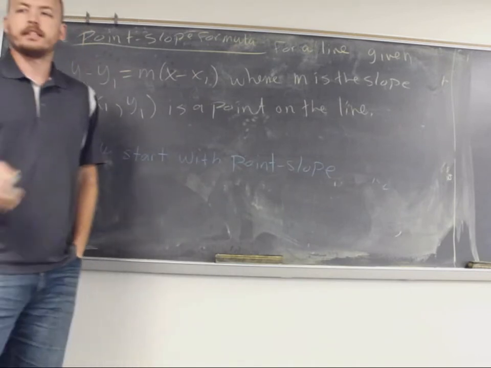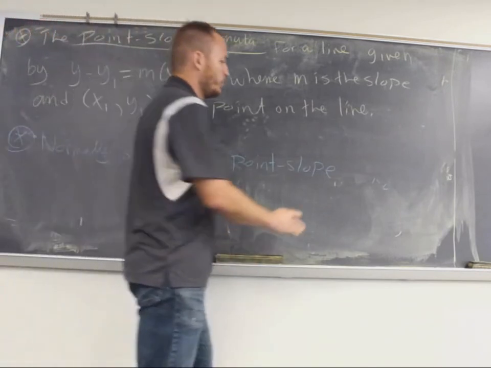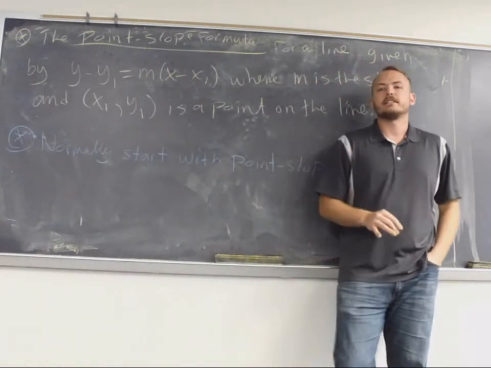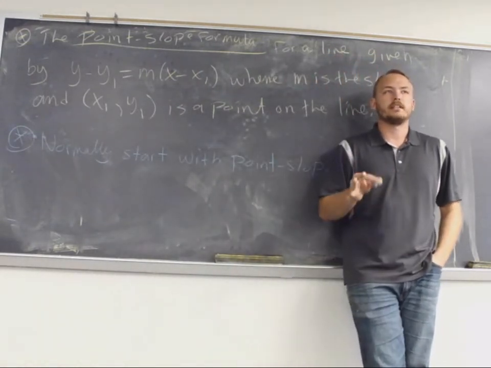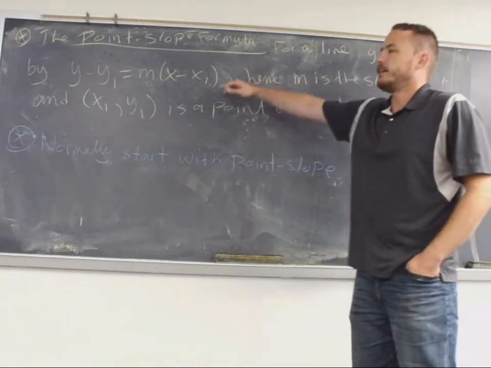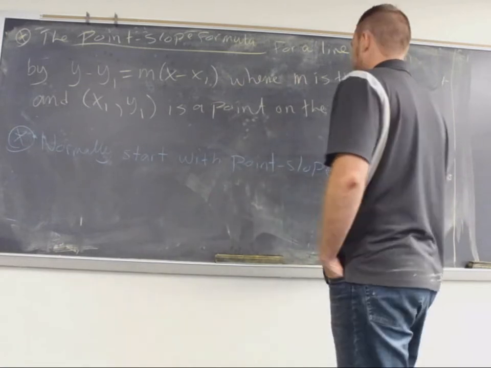Because our answers at the end of our examples are going to want our answers to be in slope intercept form. If you try to start plugging things into slope intercept form, you're going to get some funky answers. So always start here, and then it will reduce down to the slope intercept form.